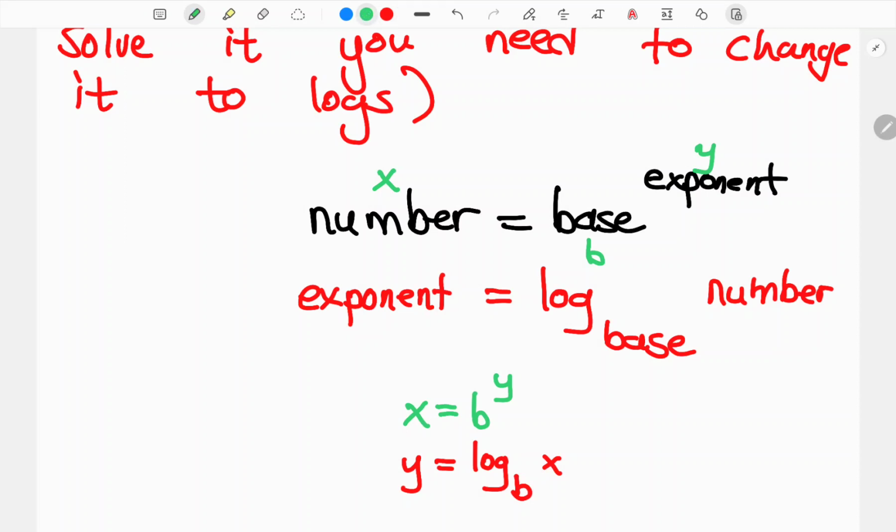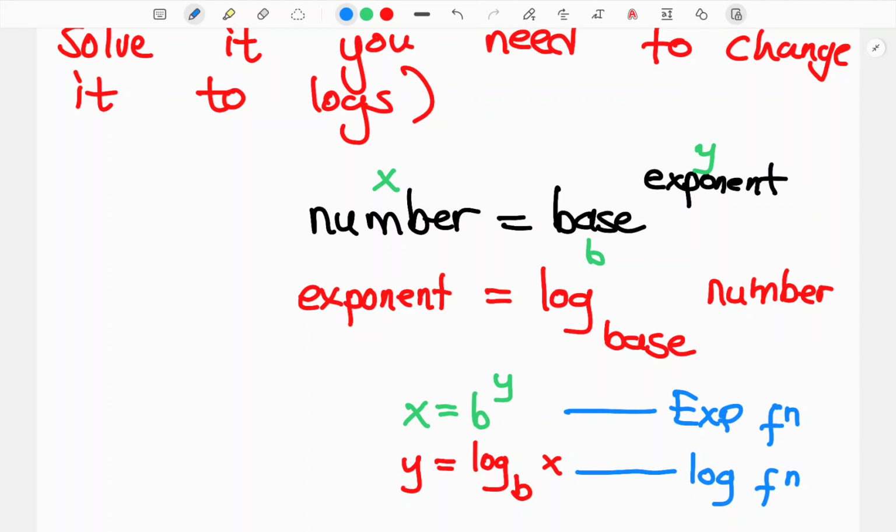So this is exponential, and this is logarithmic. The first very important thing when dealing with exponential and logarithmic functions is to understand how to convert from exponential form to logarithmic form.